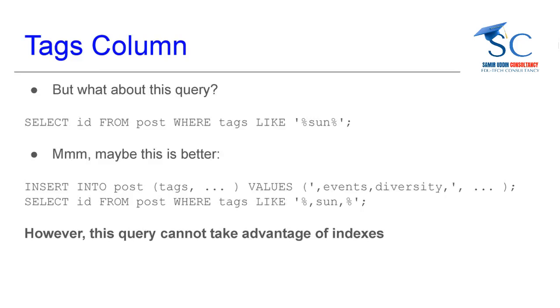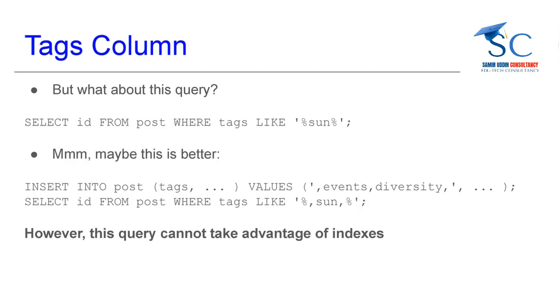So the first query is an example of why you shouldn't. This query, first of all, should look for all the posts that use the sun tag. The problem is if you have a tag which is Sunday, it will be returned by this query.